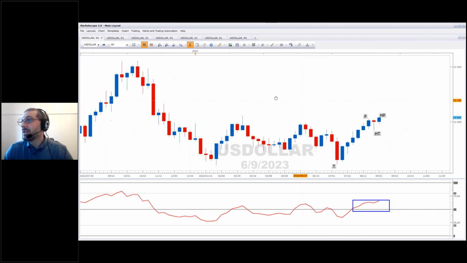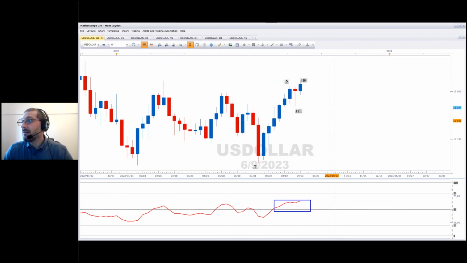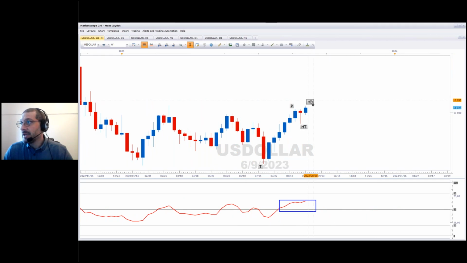So if we take a look at our dollar, yesterday we put in a potential higher trough. This is a very odd type of movement here. I'd like to see how it evolves, but one candle pullback, that's interesting. Higher trough followed by the higher peak.